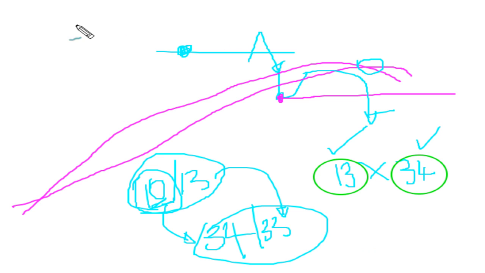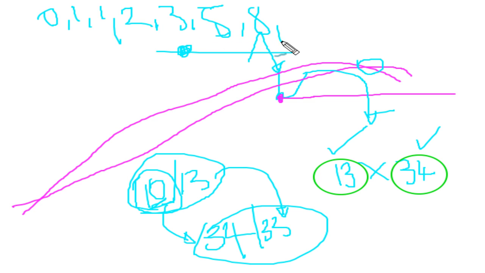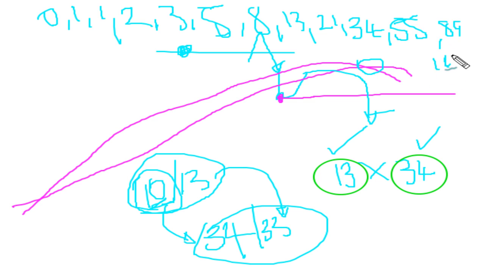In the Fibonacci sequence, we start with 0, 1, 1, 2, 3, 5, 8, and then you got 13, and then 21, and then you got 34, then 55, then 89, and then 144.